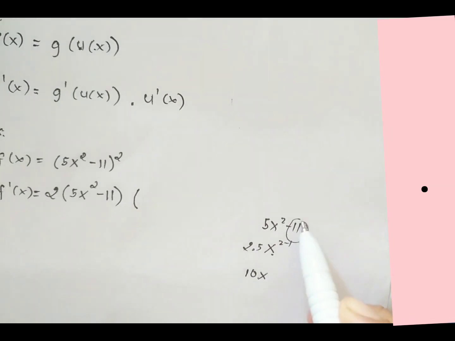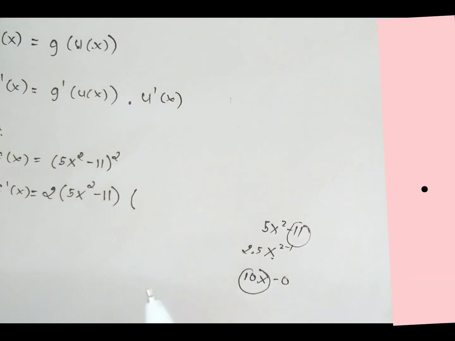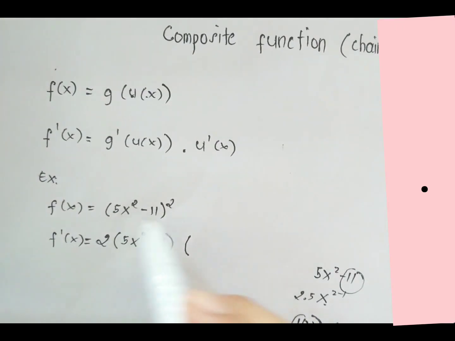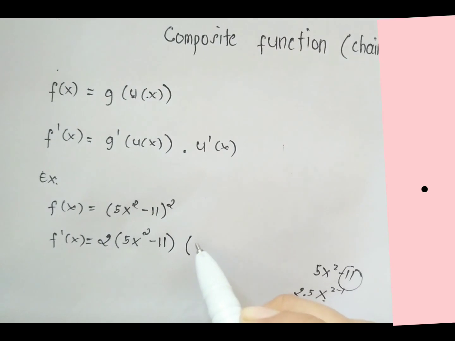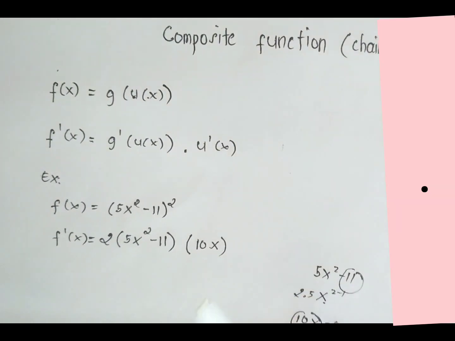Then the derivative of the constant is 0, so we have 10x. So the derivative of 5x squared minus 11 is 10x.